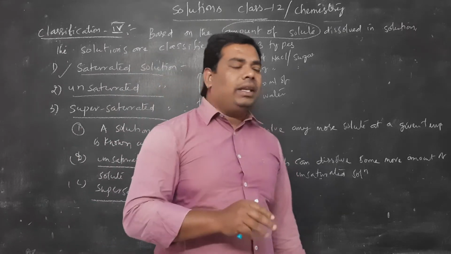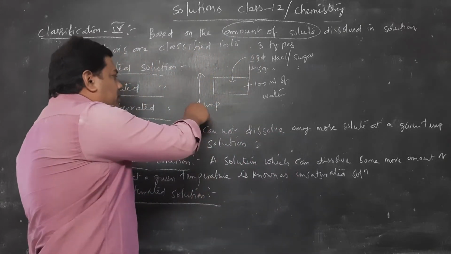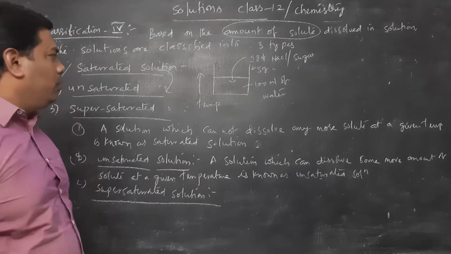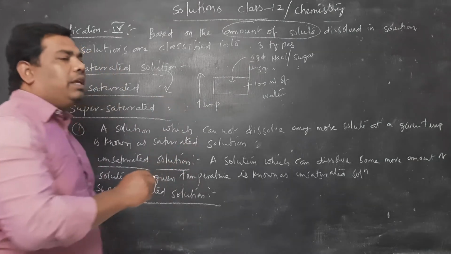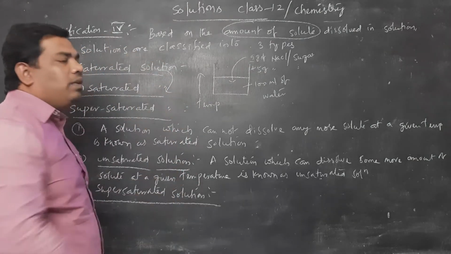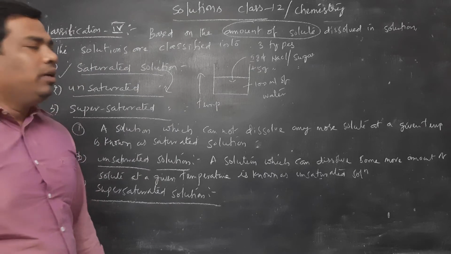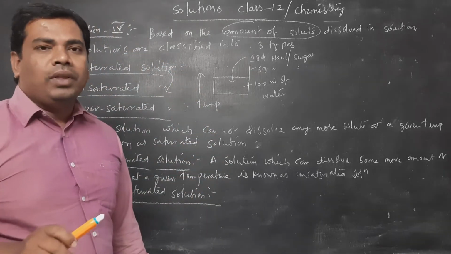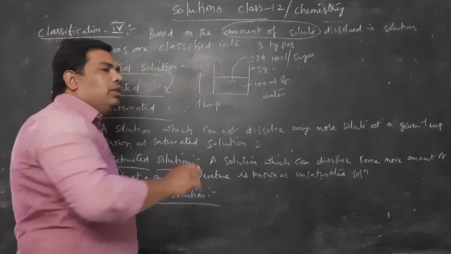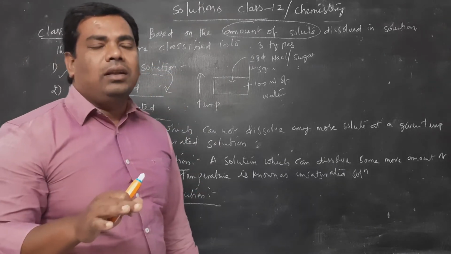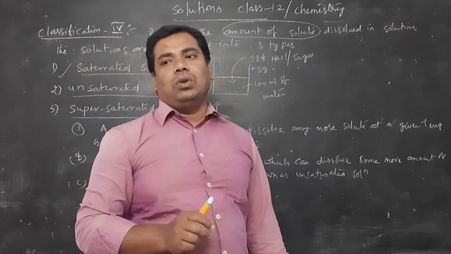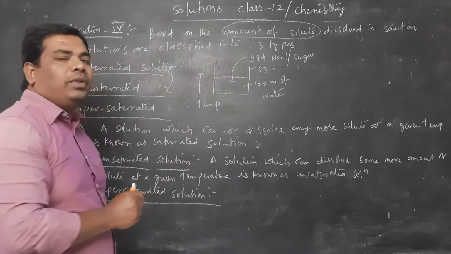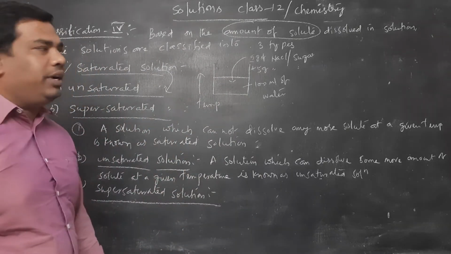When we increase the temperature, a saturated solution converts into an unsaturated solution. When we decrease the temperature, a saturated solution converts into a supersaturated solution. Means when we slowly decrease the temperature of a saturated solution, a few solute particles remain left over in the solution. It forms some crystals in the solution. Then we call it a supersaturated solution.